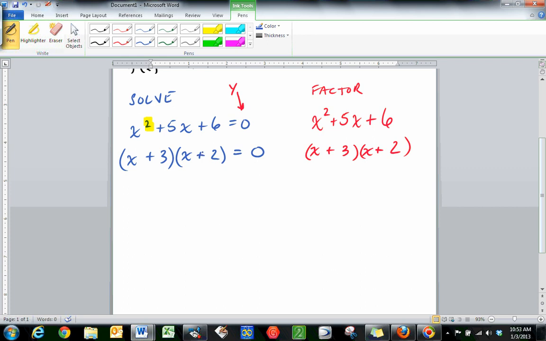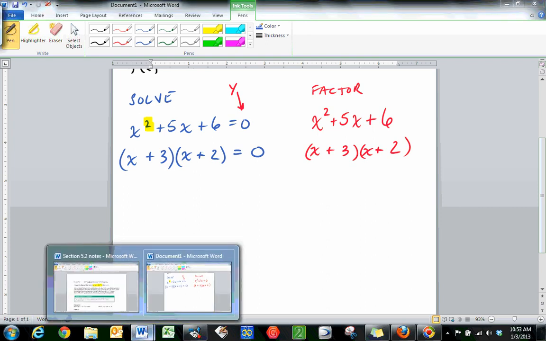Now, this is where a solving problem differs from just basic factoring. In the factoring problem, we would have been finished at this point, but here we are trying to find all of the values for x. So we have to continue forward, and this brings me back to the notes.